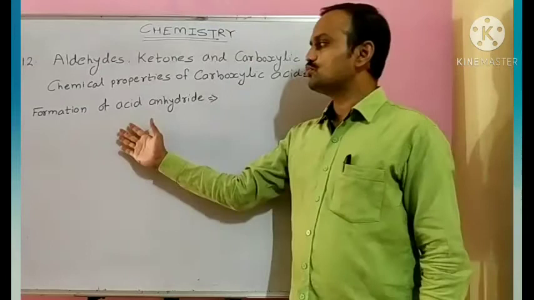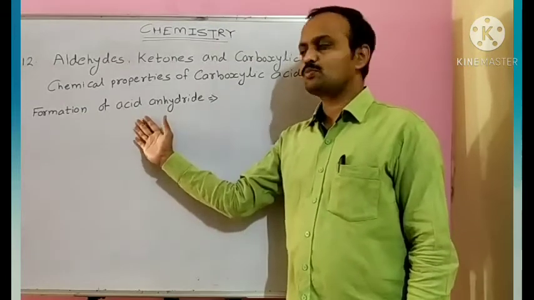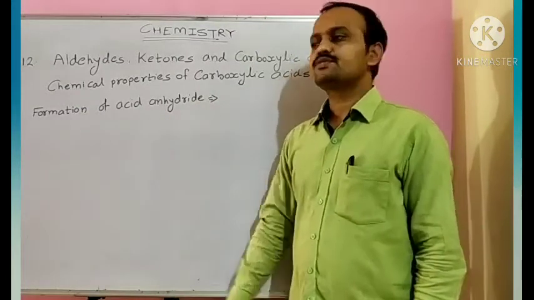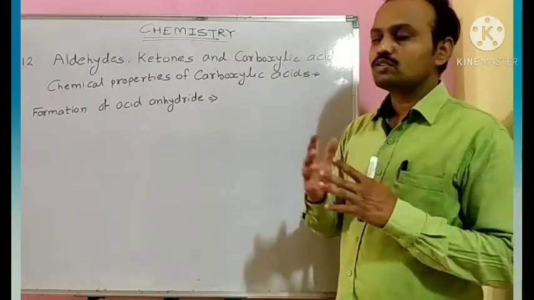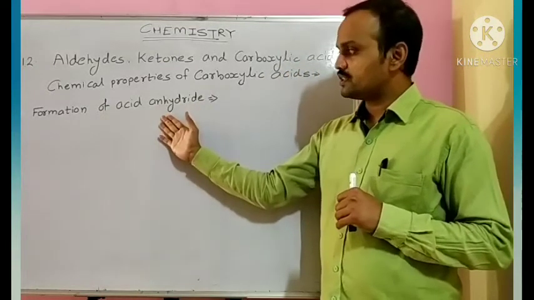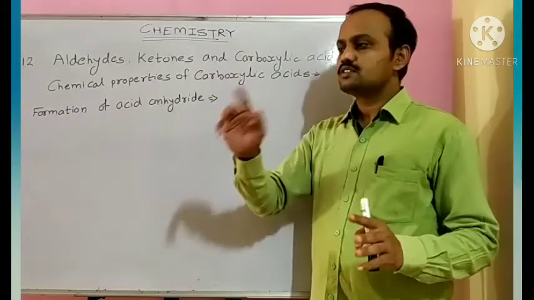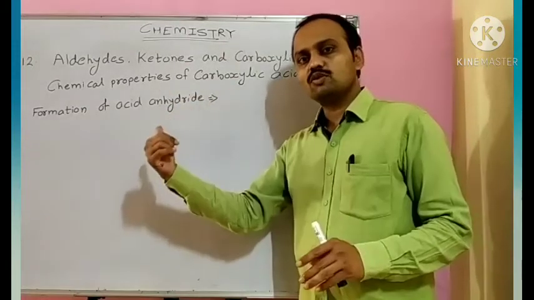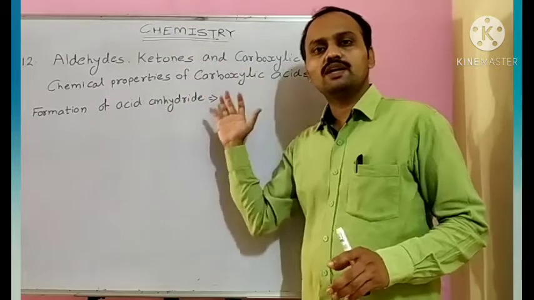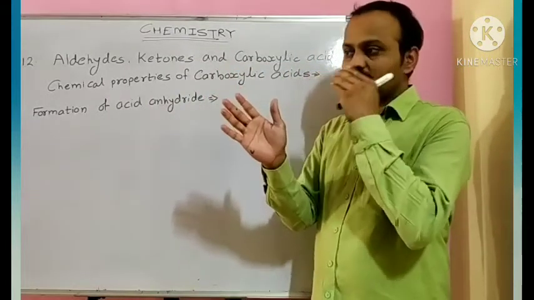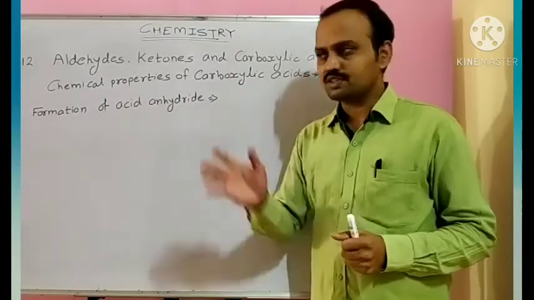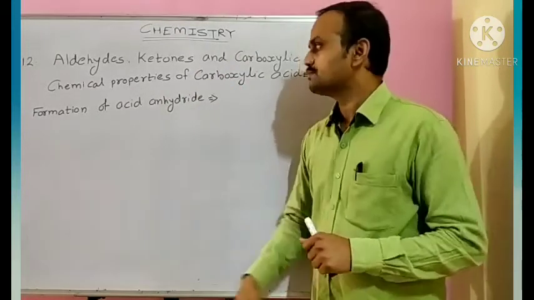Students, let us move to the next chemical property of carboxylic acid. It is formation of acid anhydride. We know the functional group of acid anhydride is RC double bond O, single bond O, C double bond O, and R. This structure is symmetrical on both sides of the central oxygen.